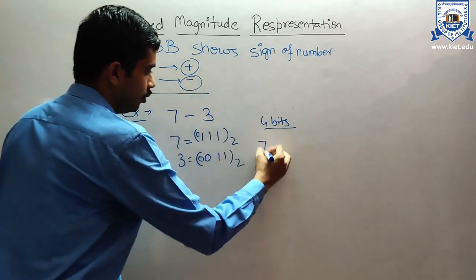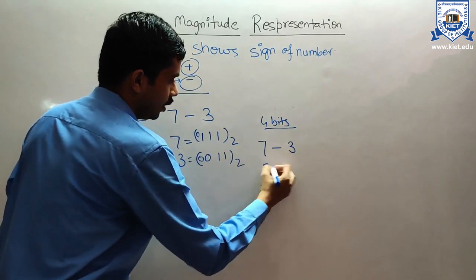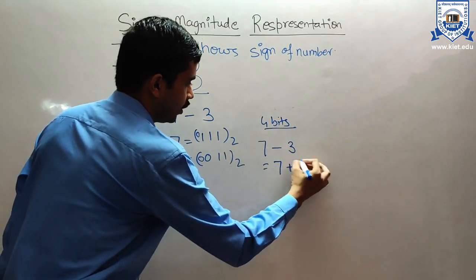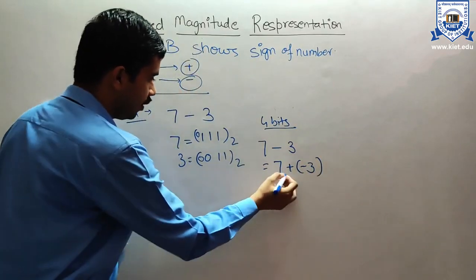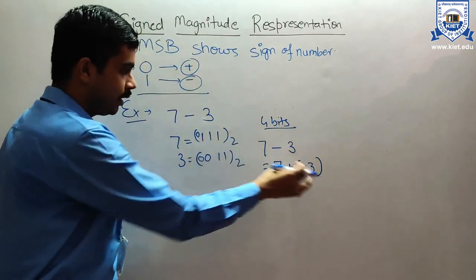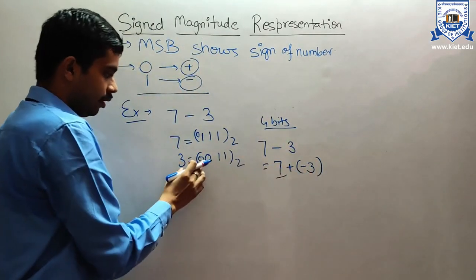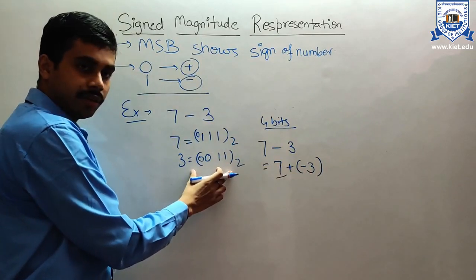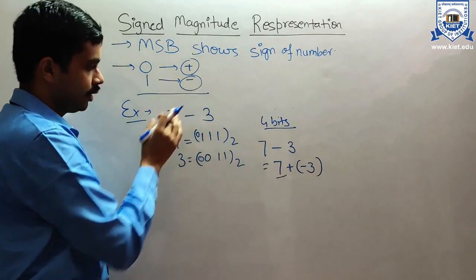Now 7 minus 3 will be 7 plus minus of 3. So 7 will be the same as this, but minus 3 will be the sign and magnitude representation of minus 3.